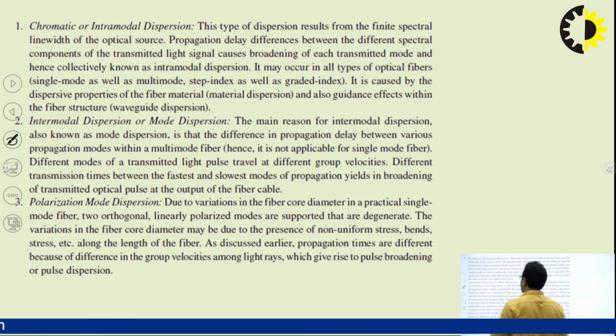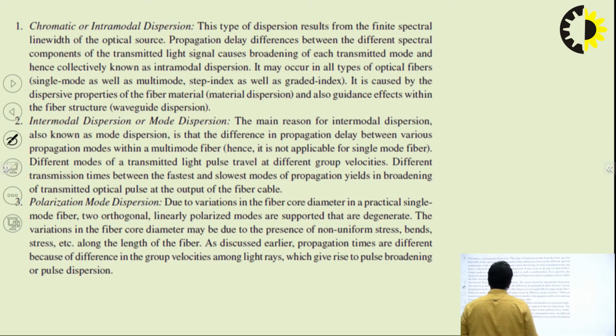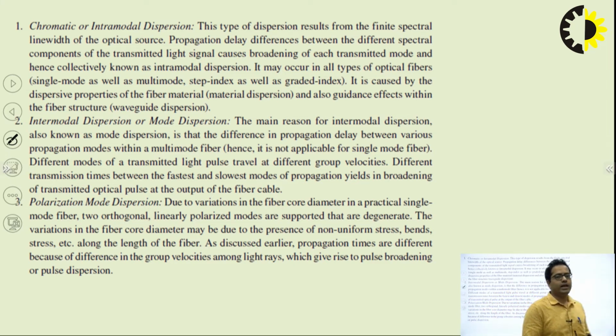Now, the last one is polarization mode dispersion. This polarization mode dispersion is basically due to the variation in the fiber core diameter, especially in a single mode fiber. Before that, what is the meaning of polarization?